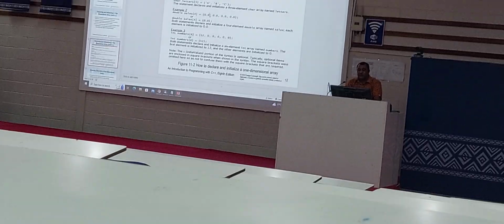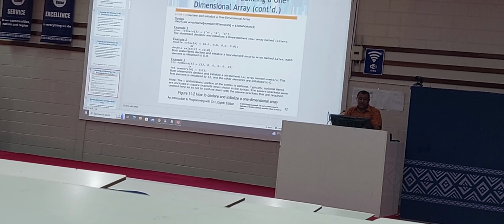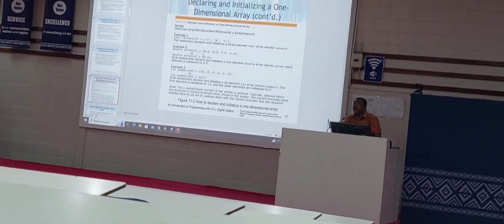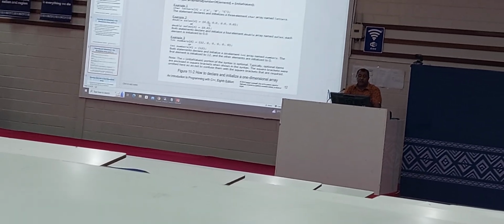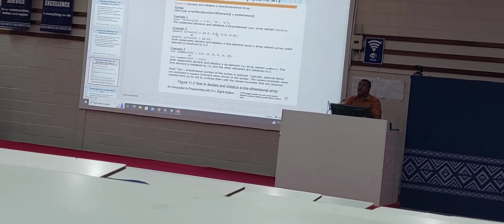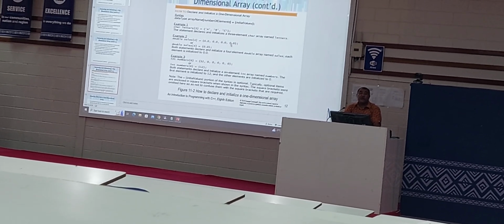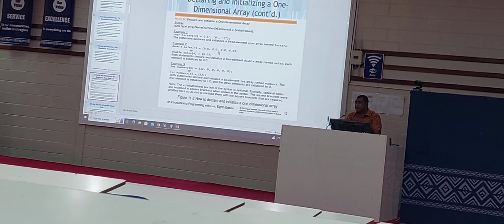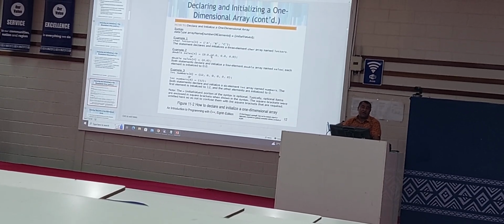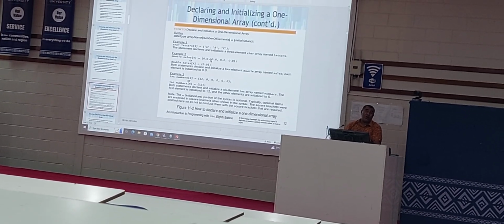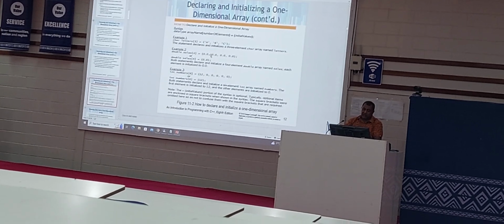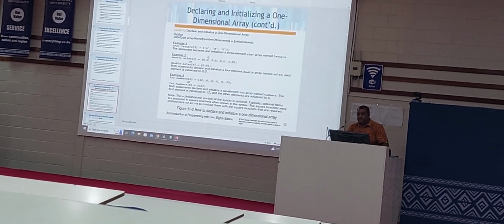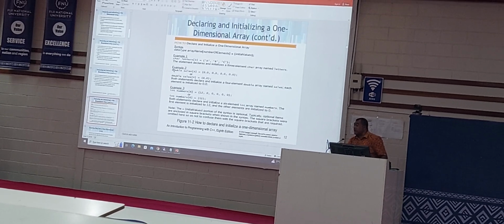Whereas in the first one, we are populating the sales array with 4 elements. First element is 0.0, second element is 0.0, third element is 0.0, the fourth element is 0.0. So in the first one, we are not only initializing, we are also populating. Both these statements are correct.